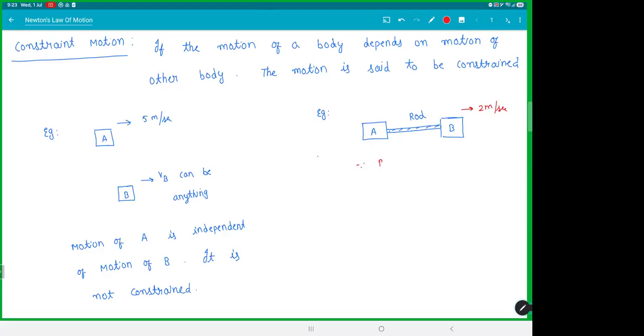Since the rod is rigid, A has to go with 2 meters per second. Yeah, we are not taking any rotations and all that stuff. VA is equal to VB. Motion of A is constrained. That's it. So the moment you decide the value for B, A does not have a choice.